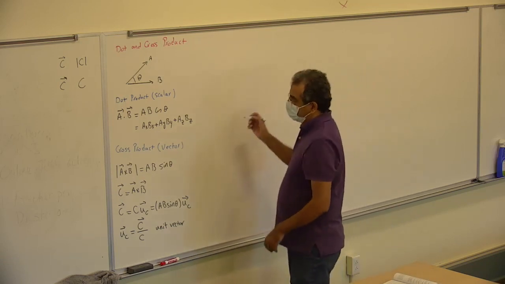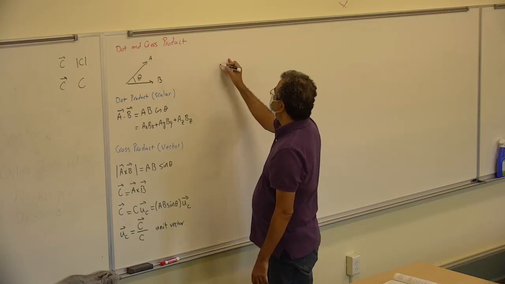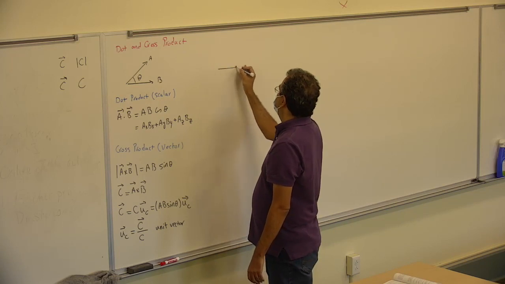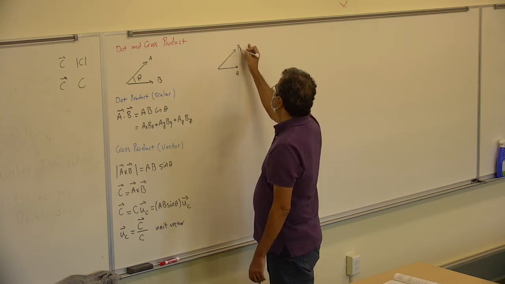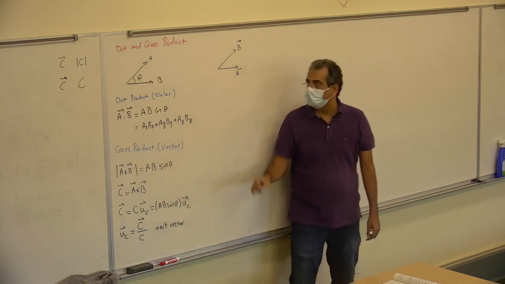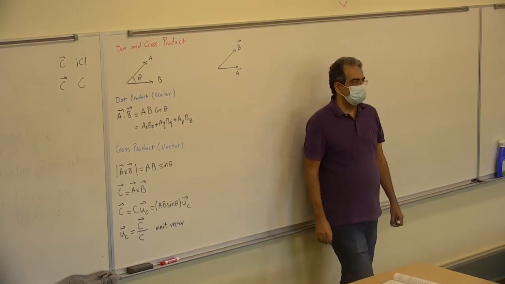So if I have A, like the one I have here, and let's put it A, B, where would be the C?